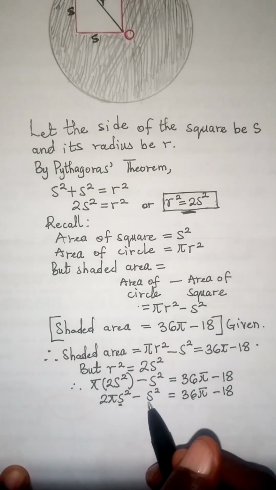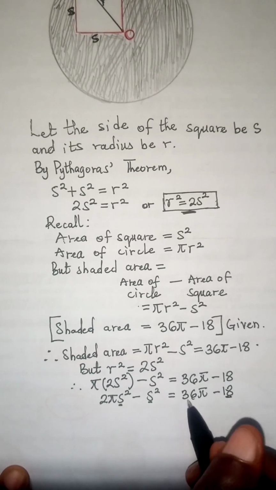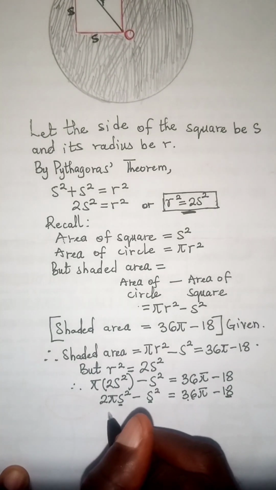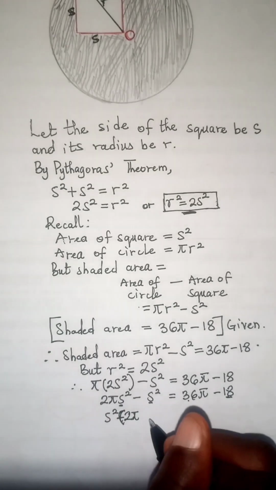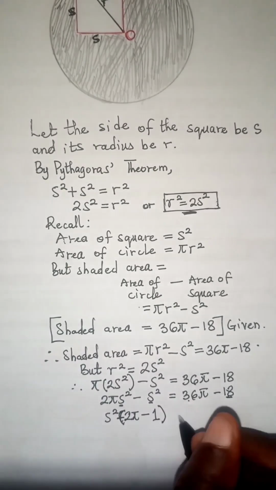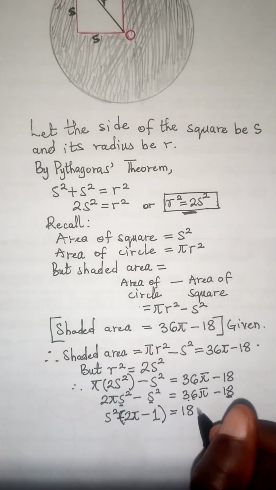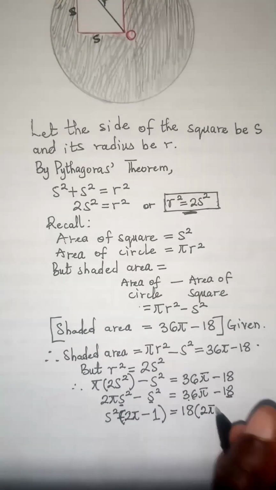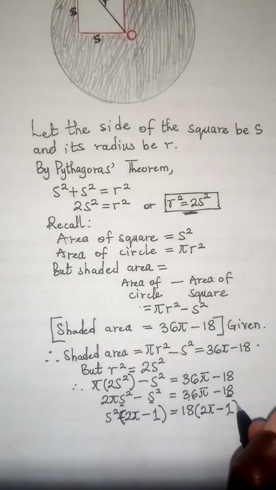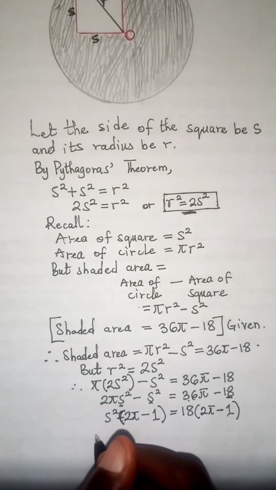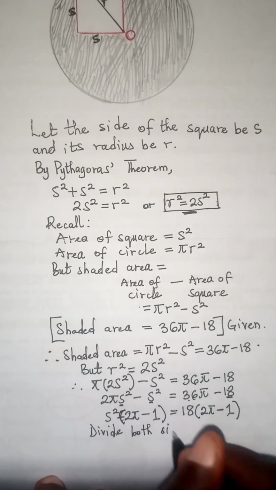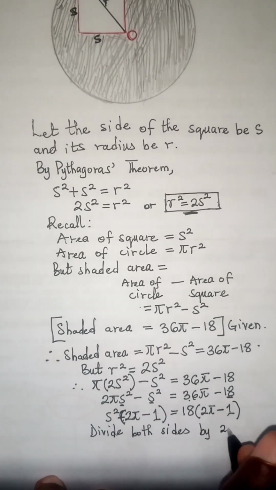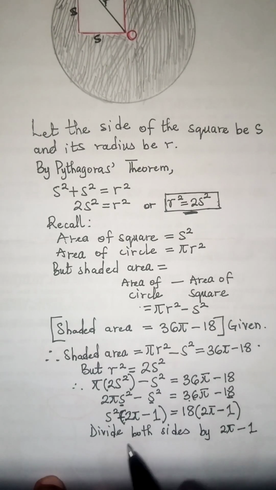Now, on the left hand side, we can factorize s squared, and on the right hand side, 18 can be factorized. So we have s squared into brackets 2 pi minus 1 equals 18 into 2 pi minus 1 on the right hand side as well. Now we have 2 pi minus 1 common, so we can divide both sides by 2 pi minus 1, which means that they cancel out on both sides.